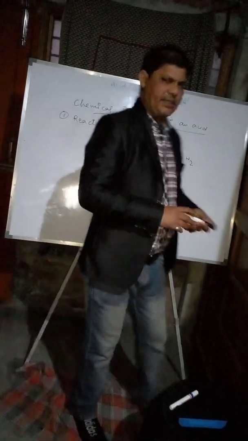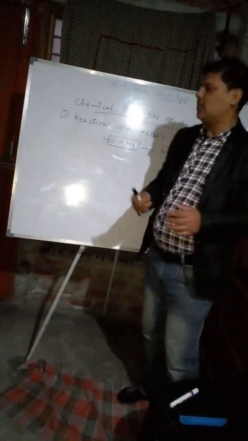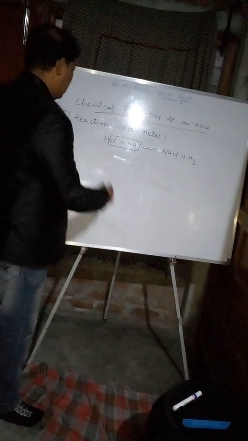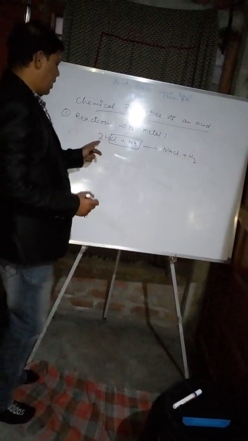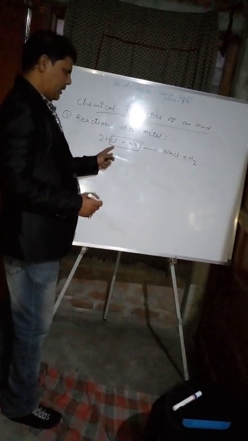Balancing of equation is another thing, and I will discuss it in different topics. But here, just think, there is 2 hydrogen, so you can put 2 for the same, and now 2 hydrogen and 2 chlorine this side.